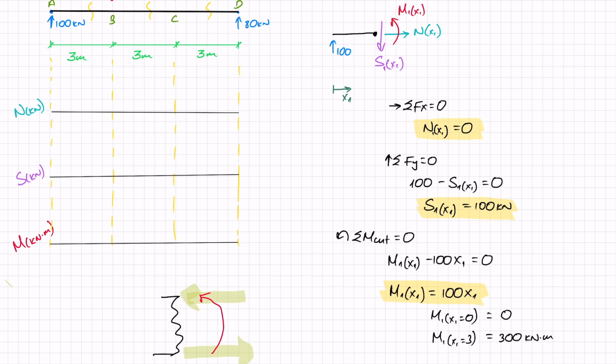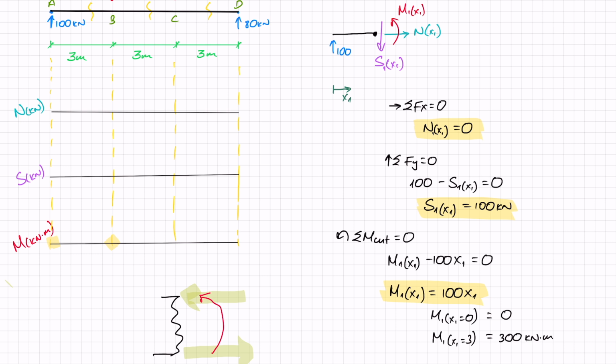Now, if it pulls out the bottom, it's making it longer, so that is in tension. And if it's pushing the top, it's making it shorter, so that is in compression. And that means that here, at 0, it's 0. But when I get to this point here, where I have my 300, it is positive, which means that tension is on the bottom, so I'm going to draw that on the bottom.